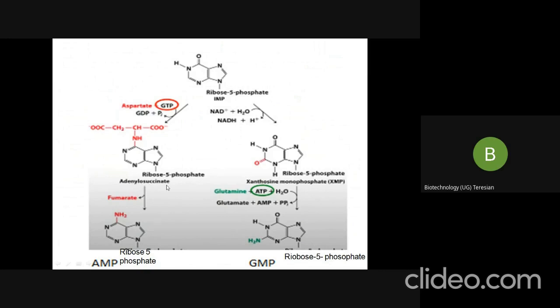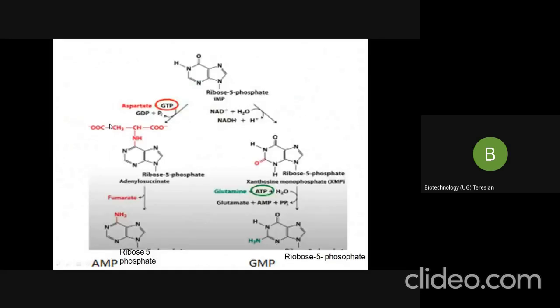adenylosuccinate. So here what is happening? You can see this entire portion is nothing but your aspartate. That is the entire aspartate. Your entire aspartate molecule goes and binds to this. It is added here. And here your GTP is required.